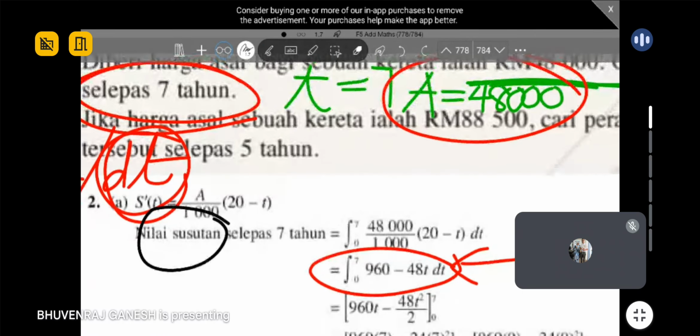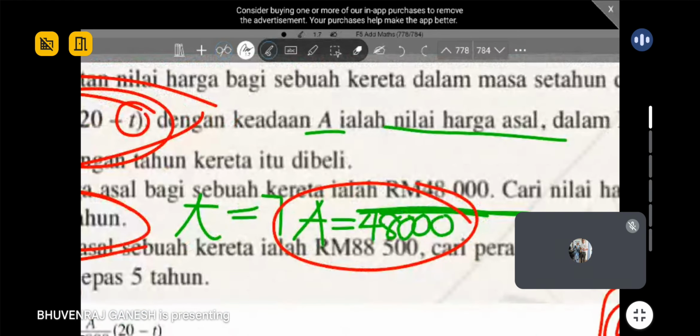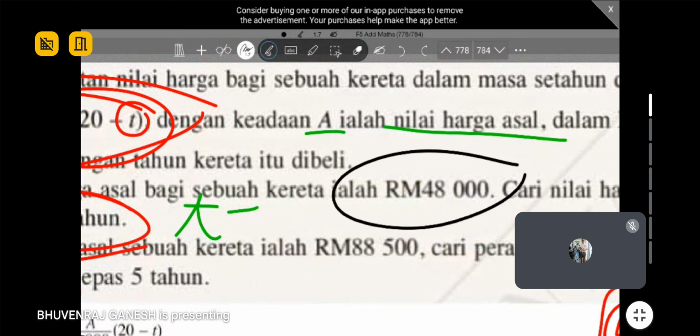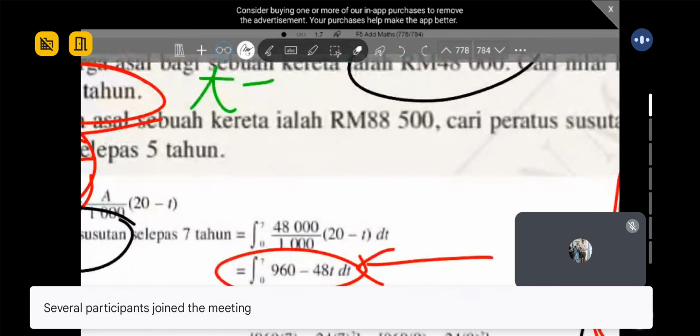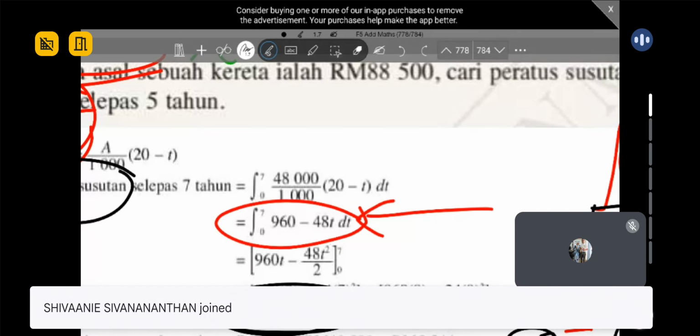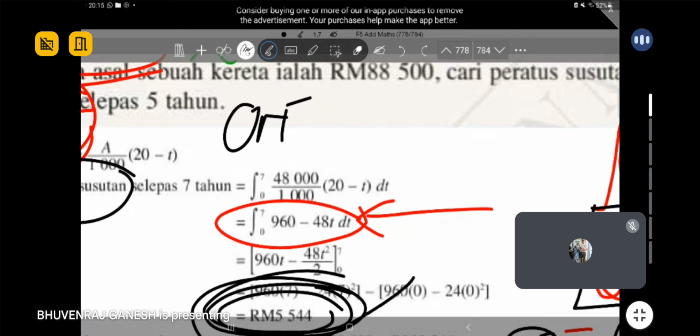Okay, so the original price is this one, 48k. Then it decreases by 5544. So if you want to find the price right now, what must you do, guys? You must take the original minus this value. Am I right?